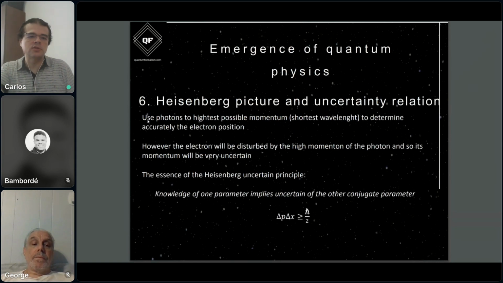So this is the same thing here. Use photons with the highest possible momentum, shortest wavelength, to determine accurately the electron position. However, the electron will be disturbed by the high momentum of the photon, and so its momentum will be very uncertain. The essence of the Heisenberg uncertainty principle is that knowledge of one parameter implies uncertainty in the other conjugate parameter, and this is the relation.